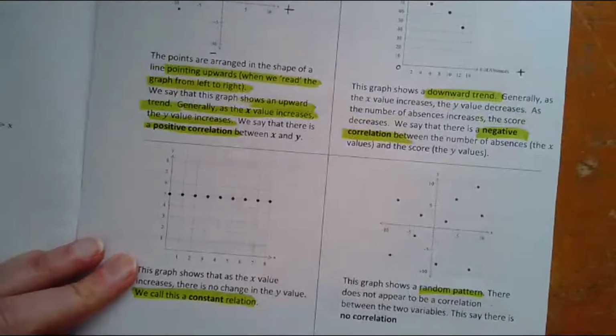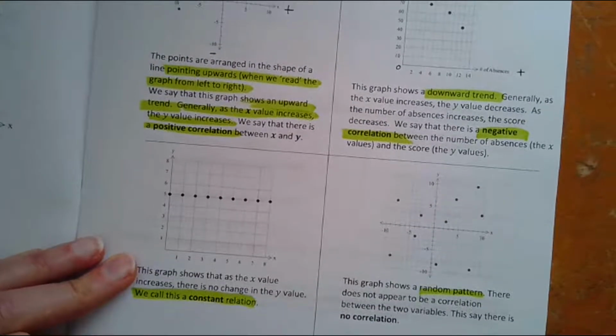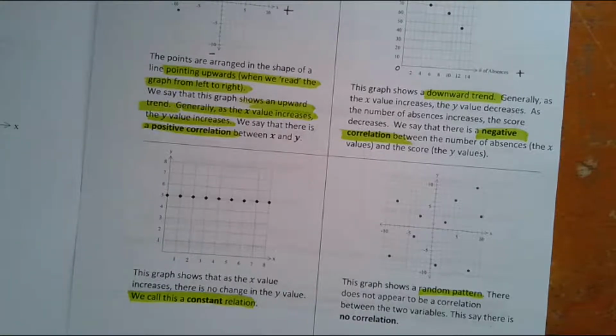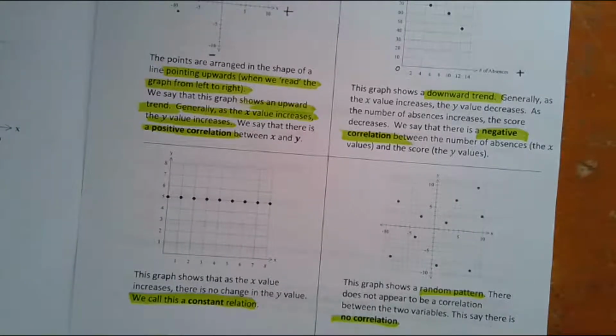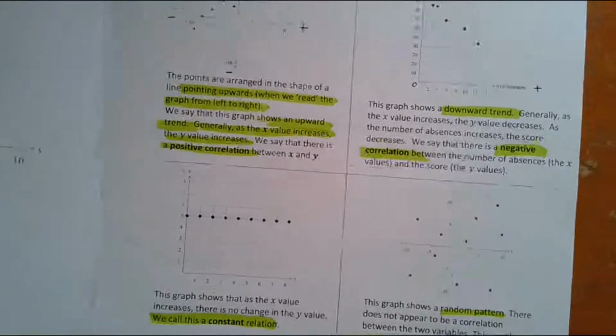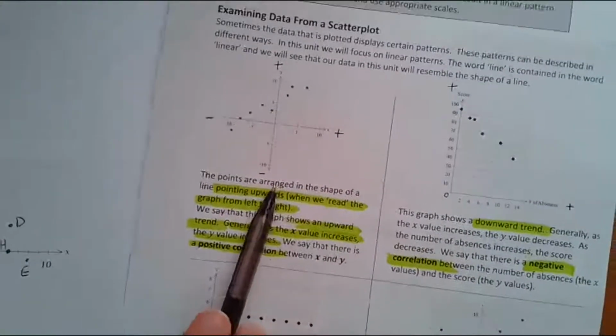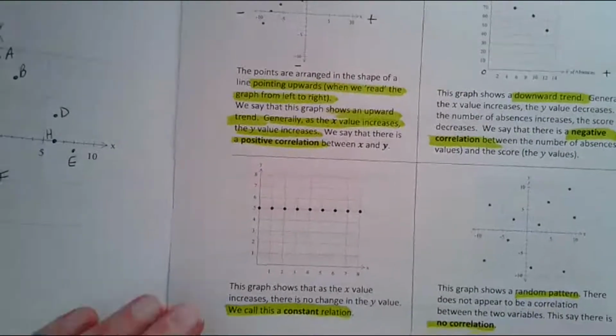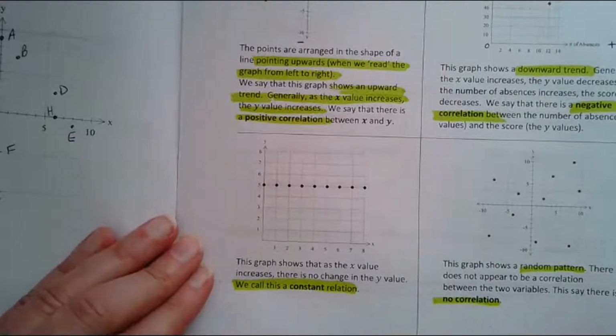It looks like someone just took a bunch of dots and threw them on the paper, right? There does not appear to be any correlation. And we say no correlation. So we have positive correlation trending up, negative correlation trending down, constant correlation, and no correlation. Okay.